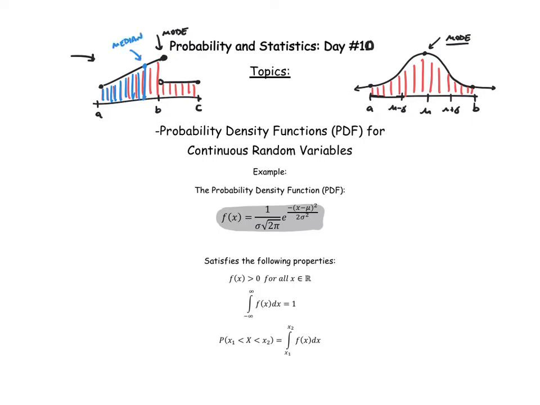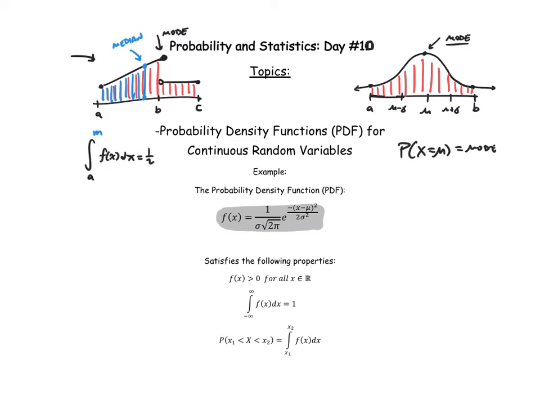The median would be the value we would call m, such that the integral, or the area accumulated from a up to m of, let's call it f of x, is equal to a half. So there's the median. The mode is the output, or the probability. In this case, mu is the mode because it is the probability that comes out to be the largest.